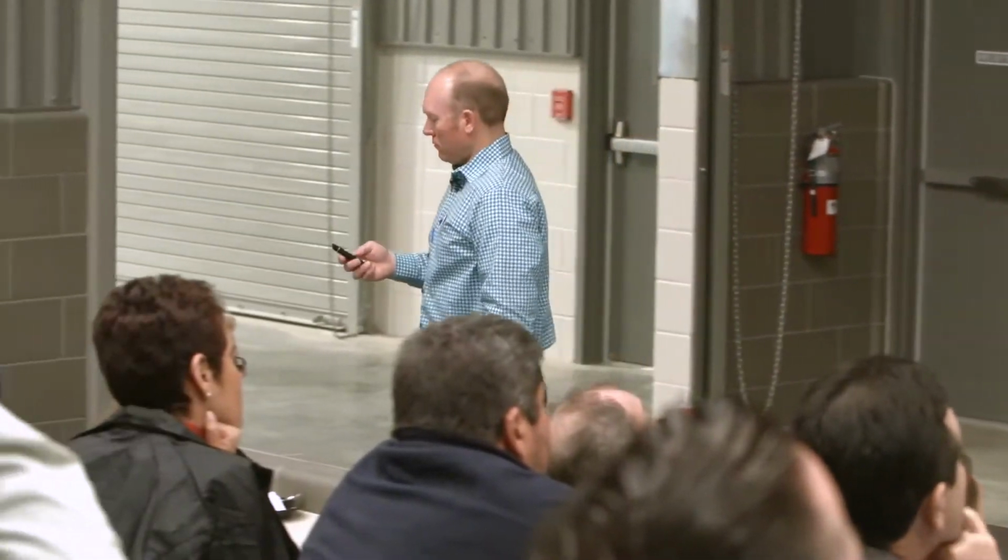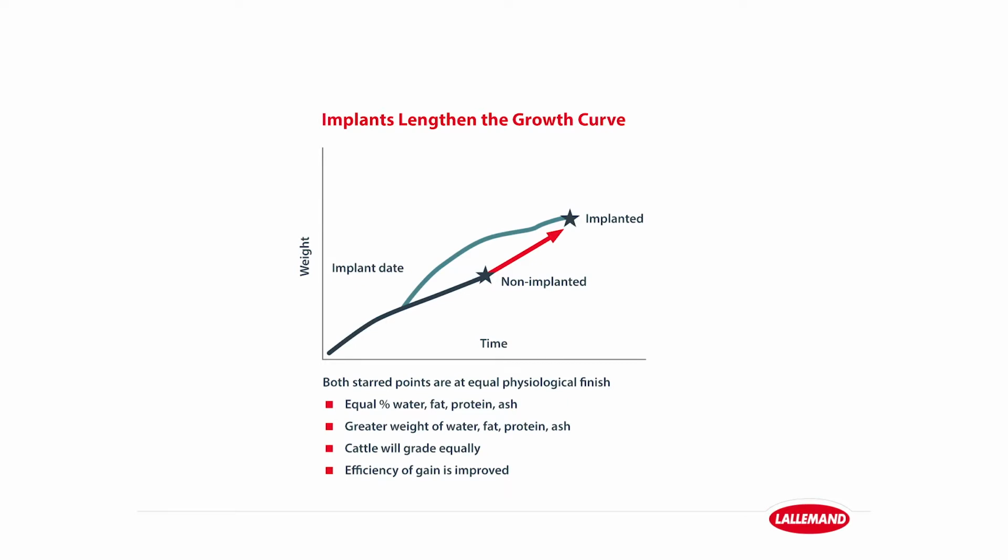An implant lengthens the growth curve by making an animal heavier and older at its finish. Back to empty body fat real quick. An implant lengthens the growth curve and makes an animal heavier and older at its time of finish, and also more efficient at its time of finish.